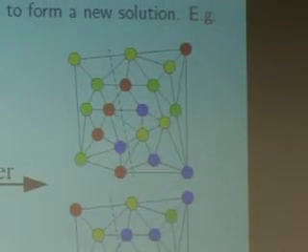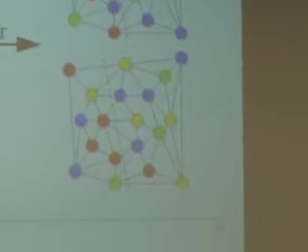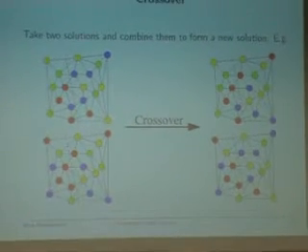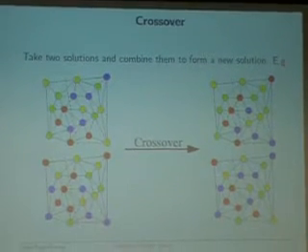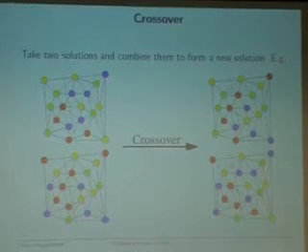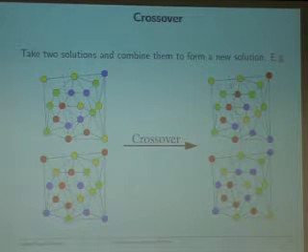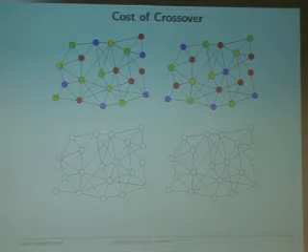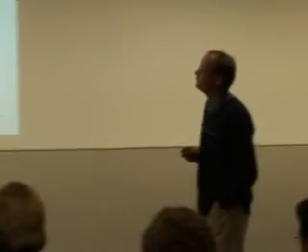I can also produce the complement of that, where I take this half of this one and this half of the other one. Often you can do the complement, and there's some advantage to doing both at the same time: you don't lose any genetic material. There's usually a cost associated with crossover.